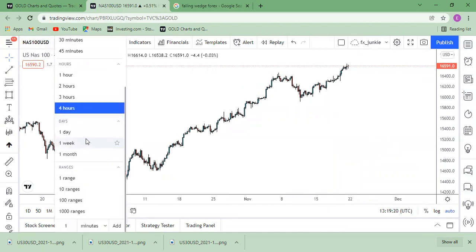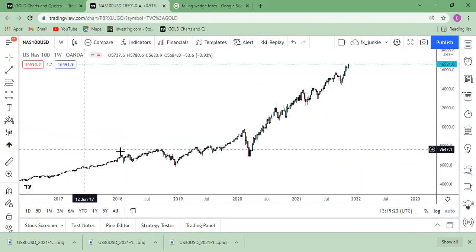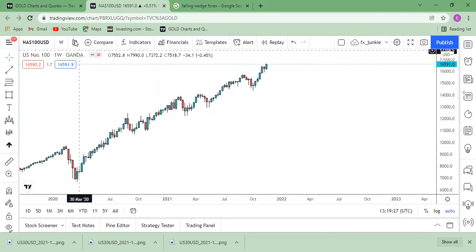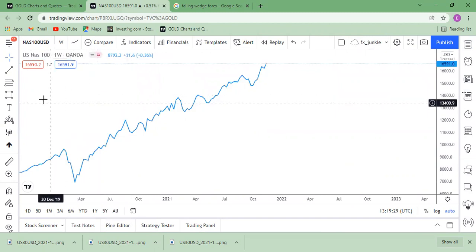Still on my weekly time frame. Line chart.